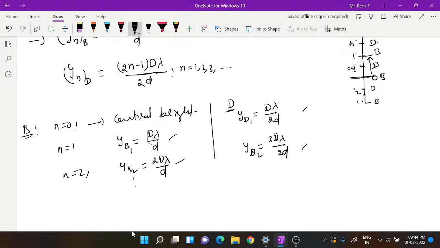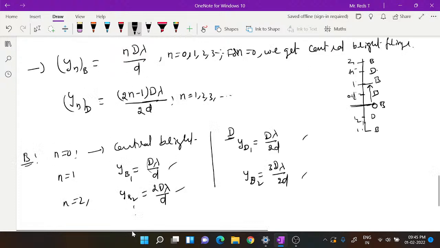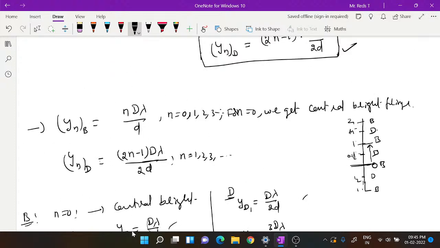With respect to the central bright fringe, or if you consider not the central bright fringe but any two bright fringes, this is one bright fringe and this is another. The distance between two successive bright fringes or two successive dark fringes gives us the fringe width. Somewhere in between you will get a dark band.